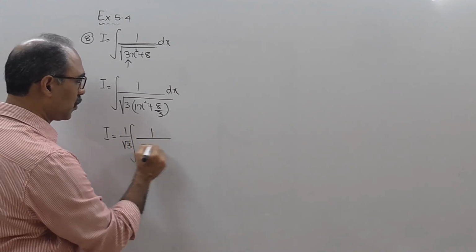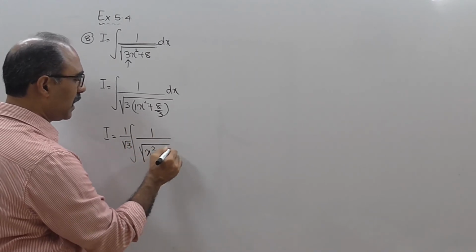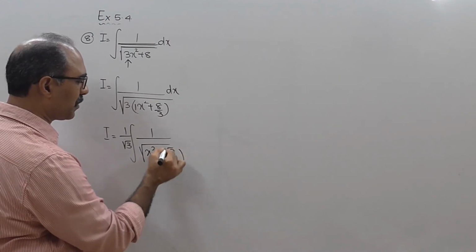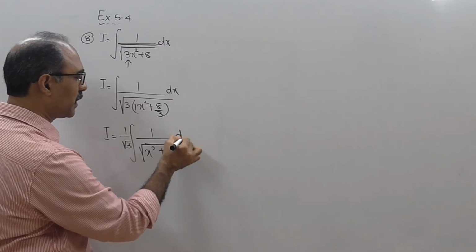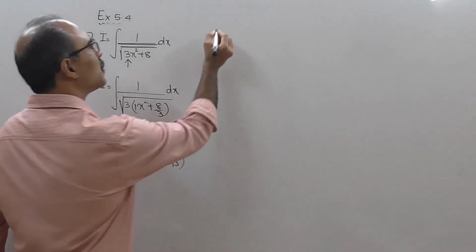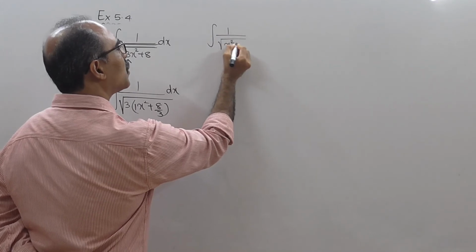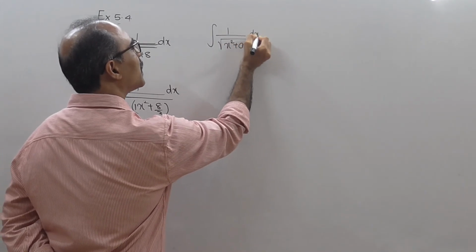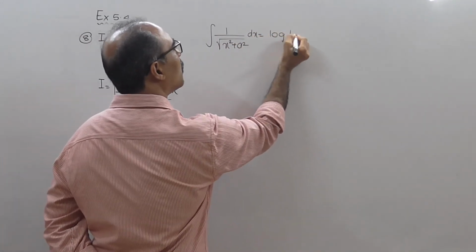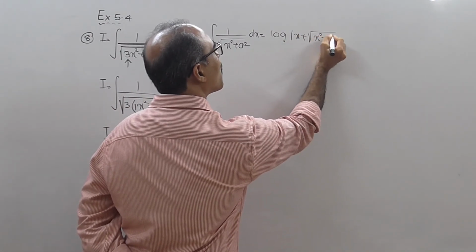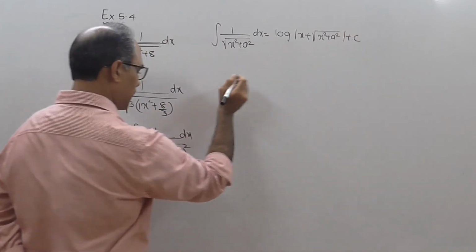This will be root of, this is x square. And 8 upon 3, I prefer writing it as √8 upon root of 3, the whole square and dx. So I should use the formula integration 1 upon root of x square plus a square, that is equal to log modulus of x plus root of x square plus a square plus c.